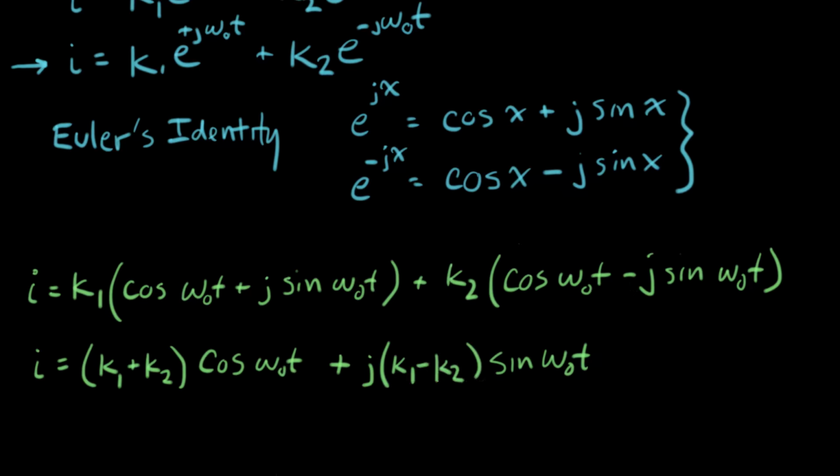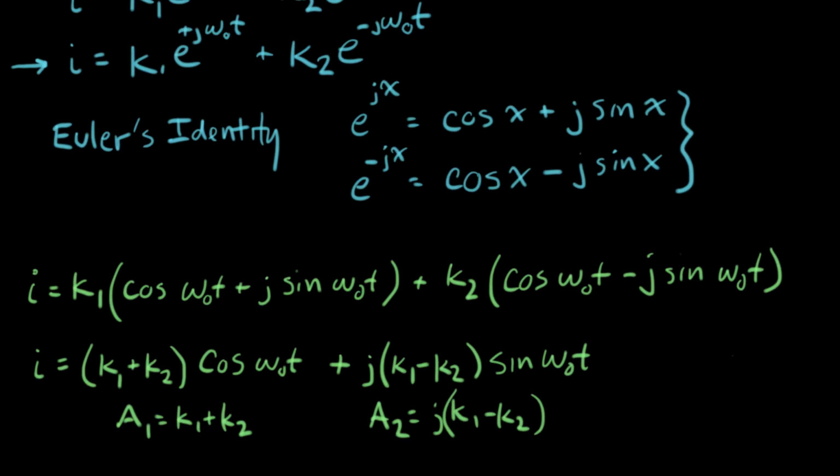All right, so now, current is some number times cosine plus j times some number times sine. Now, these are two arbitrary constants, and I'm going to just make up another one. I'm just going to call this one A1. And we'll call this one A2. And we'll call that, I'll use the j, K1 minus K2.